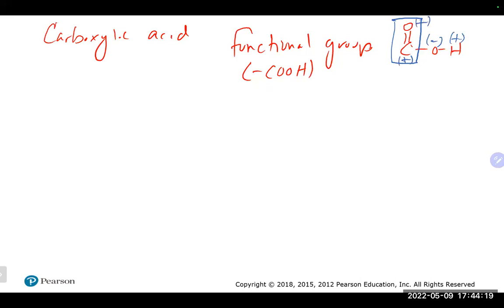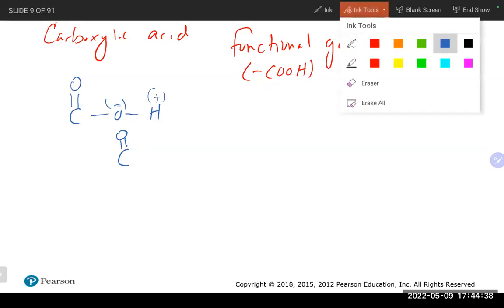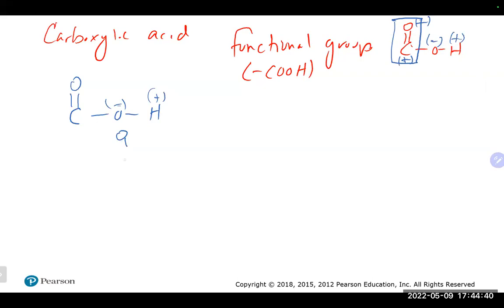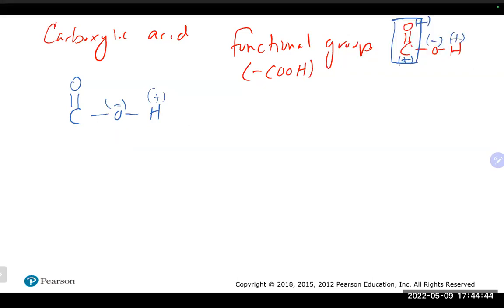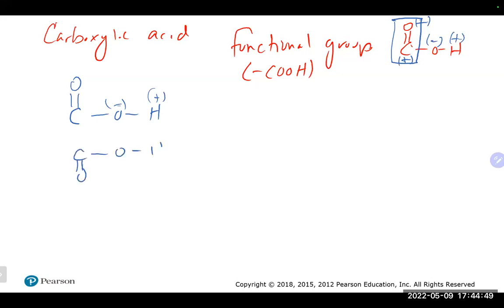So when carboxylic acids, as we will probably see, but just in case we don't see it, let's take a look. When a couple of carboxylic acids actually get near each other, we'll draw it this way.